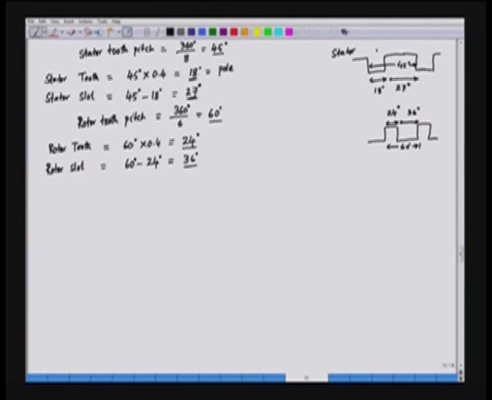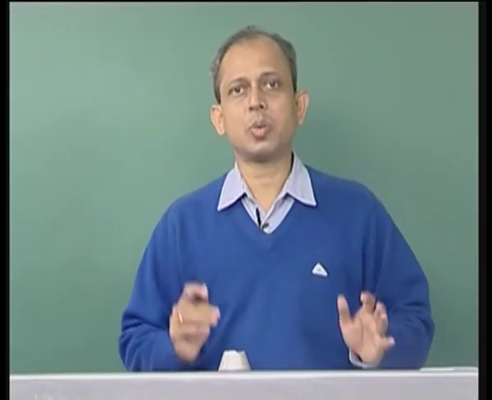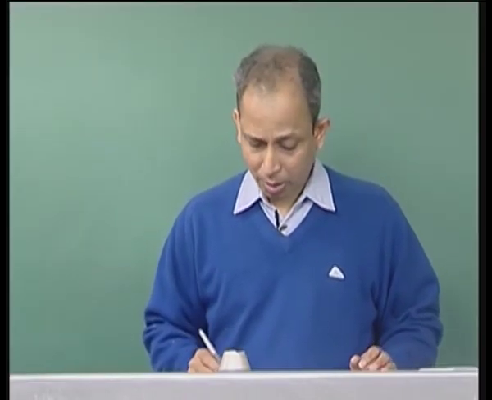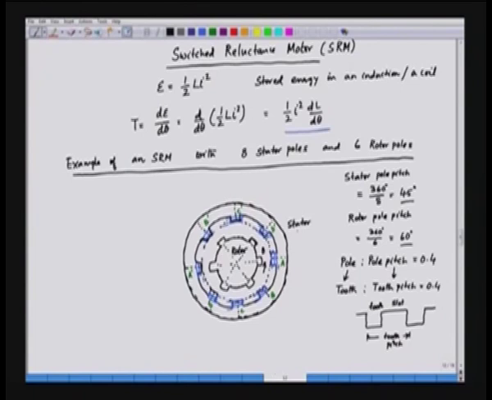Now, let us develop this. Actually the motor is a cylindrical structure. So, if we take a cross section, the cross section will be a circle, and we have already seen here that we have the stator and we have the rotor.